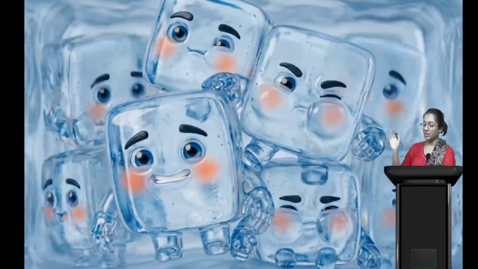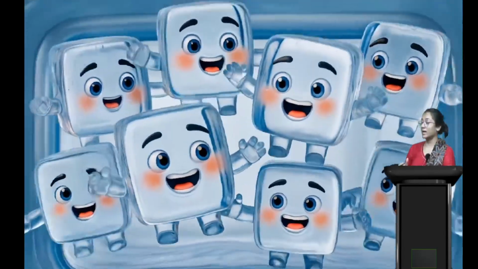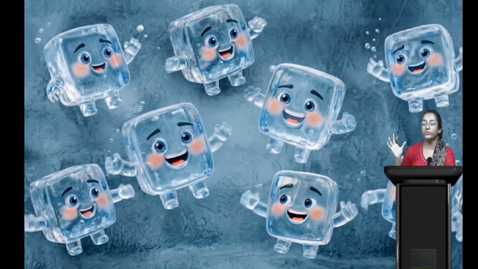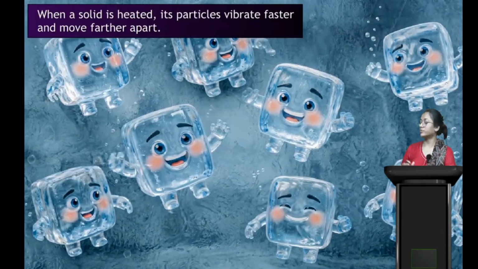Okay, so when the ice started to melt, what happened? The particles of the ice moved far from each other, and that led to the formation of water from ice.